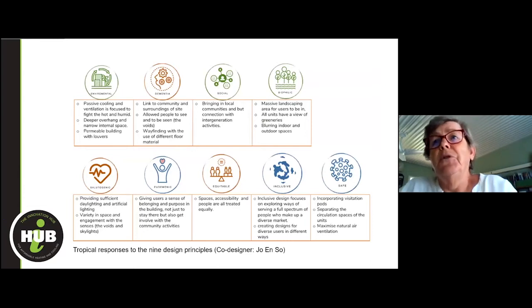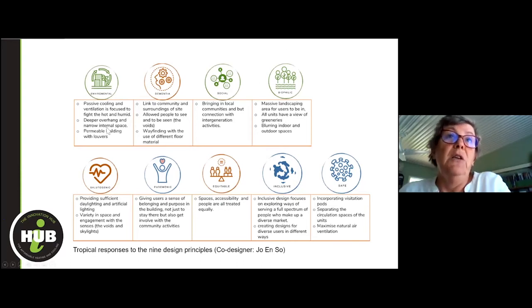This particular response is by Joanne So. The architectural students were asked to consider 9 key design principles that are important for considering aged care, such as dementia and social well-being, equity and inclusiveness, etc., and then had to understand what the design principles are from a building operations point of view that addressed each of these.